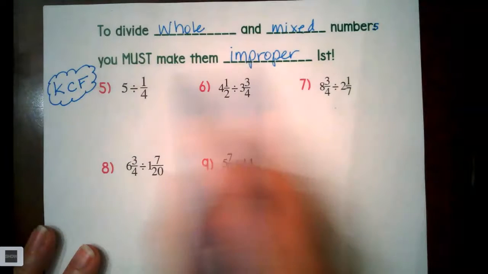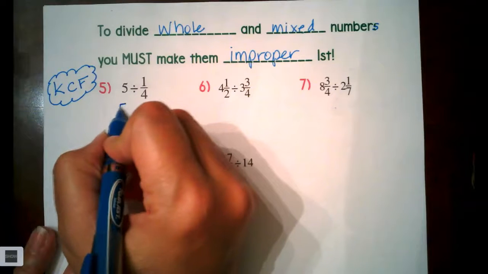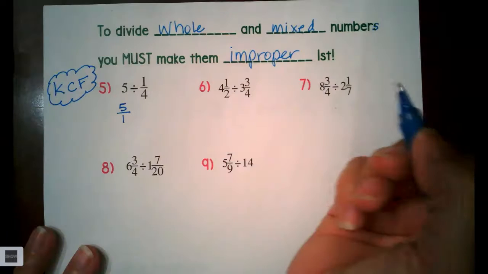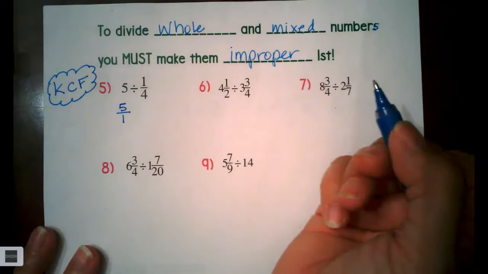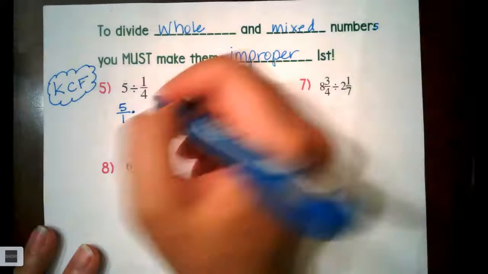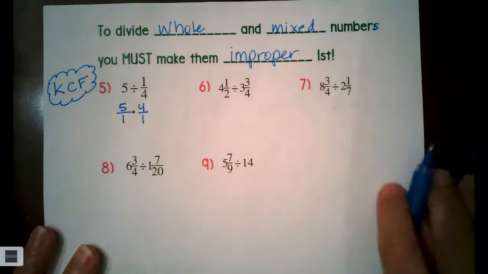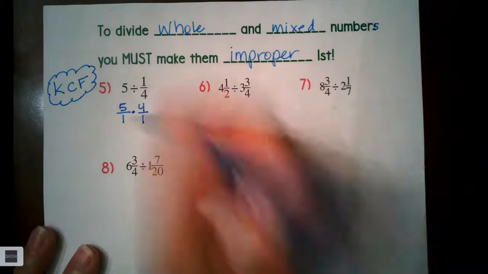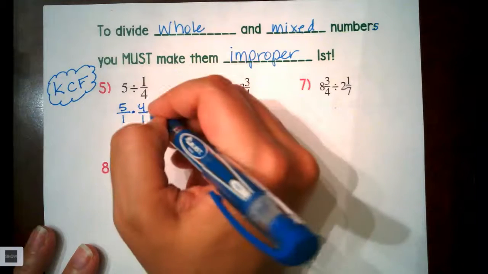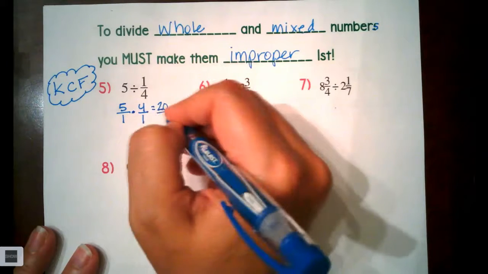But here, I have to make them improper first. So this is not a fraction. Whole numbers, you make them improper by putting it over a 1. So we're going to keep that the way it is. We're going to change division to multiplication. And then we're going to flip that one over. And then how nice is that? We can't do any canceling. 5 times 4 is 20. 1 times 1 is 1.